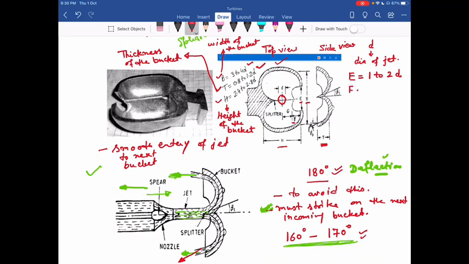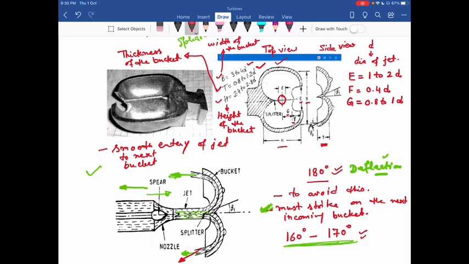So F is equal to 0.4 times the diameter of the jet. Then G is equal to 0.8 to 1 times d, the diameter of the jet, that is this one, G.